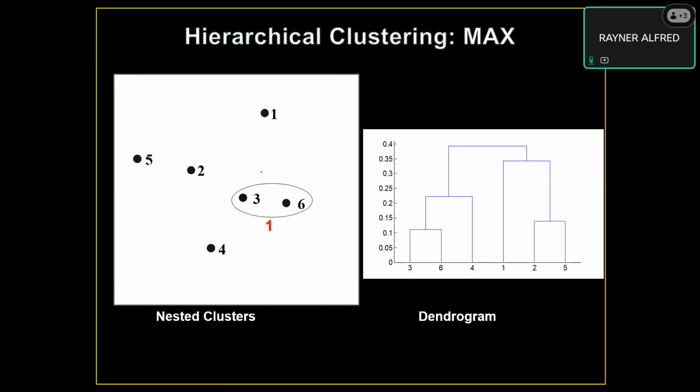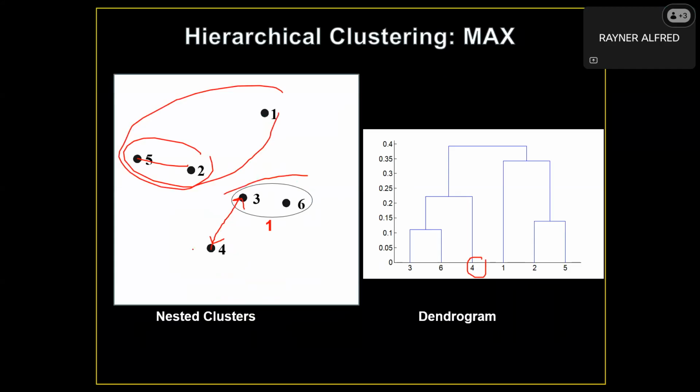Okay, for the next one, of course, in the beginning, we look at the shortest one. So next one, 3, 6, we merge with 4. So this one, the shortest is, we take this distance. And then 2 and 5. And then this. So we have two clusters here. So the distance between these two is measured by having that.